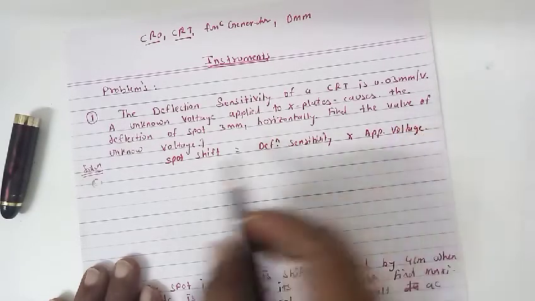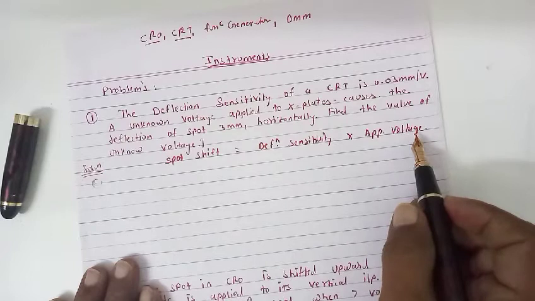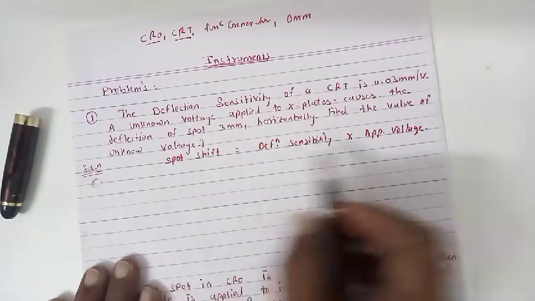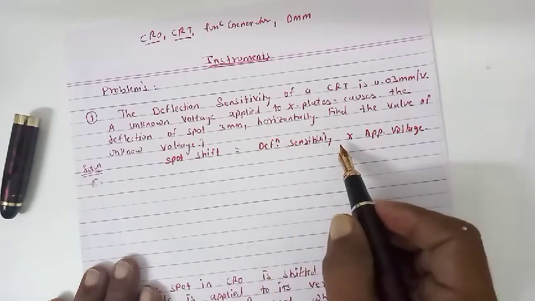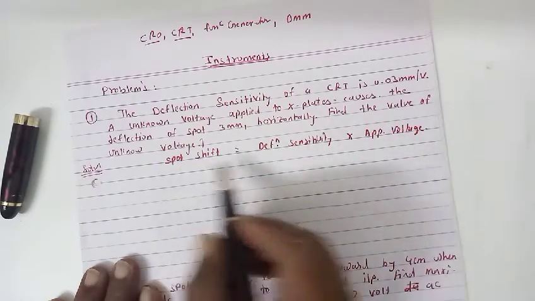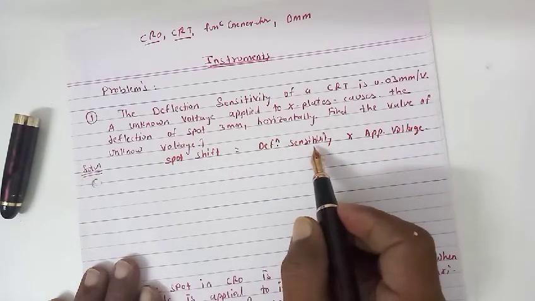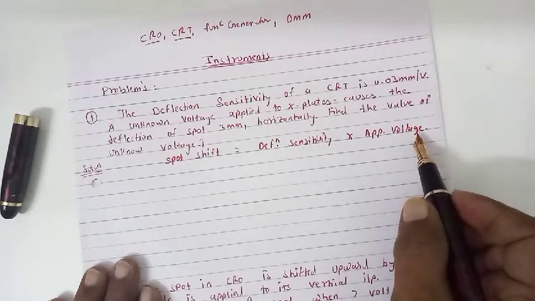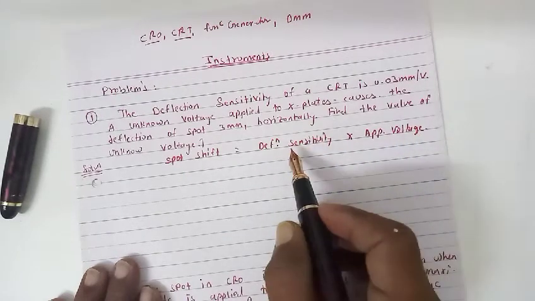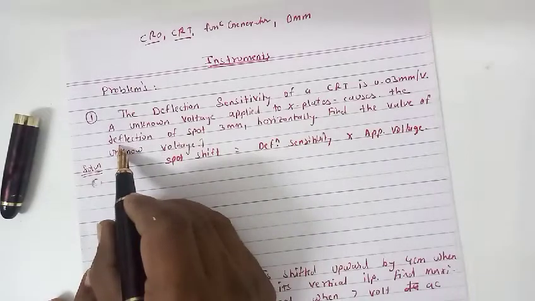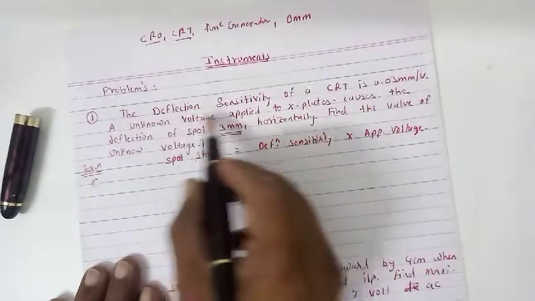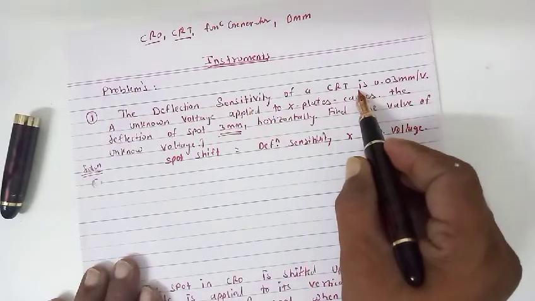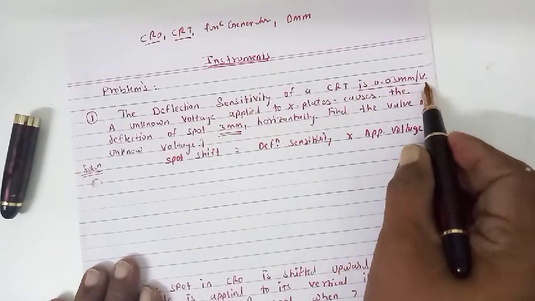Okay students, so this was the formula which we got while studying. You have the applied voltage, the spot shift, and the deflection sensitivity. From the given data, the deflection of the spot is 3 mm and the deflection sensitivity of the CRT is 0.03 mm per volt.